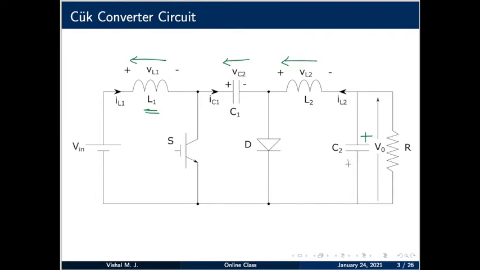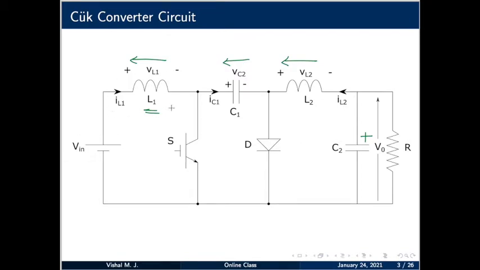While we do the analysis, it will be clear to you that even for a Cuk converter, the output has a polarity reversal. That means similar to a buck boost converter, a Cuk converter also has a polarity reversal at its output. The advantage of the Cuk converter is that now you have an inductor in series with the source, which means this inductor acts as a filter to filter out the harmonics in the input source current.